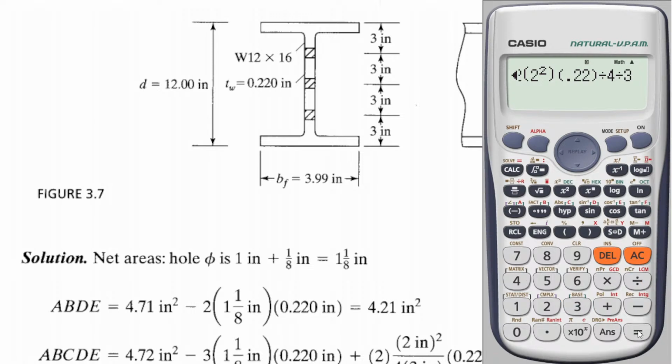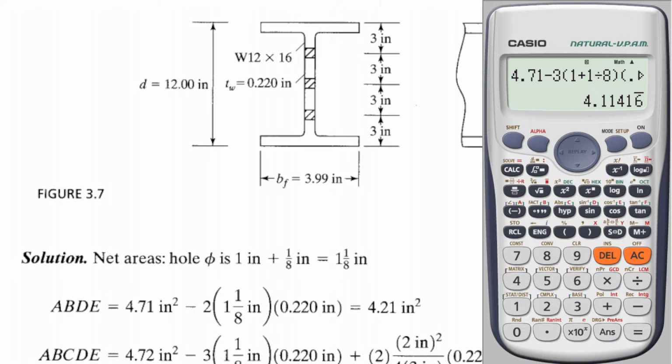And if you press the equal button, what will happen? So this is the answer. The answer is 4.11. So 4.22 versus 4.11. Therefore, which one is the weakest link? Weakest link meaning the smallest area.